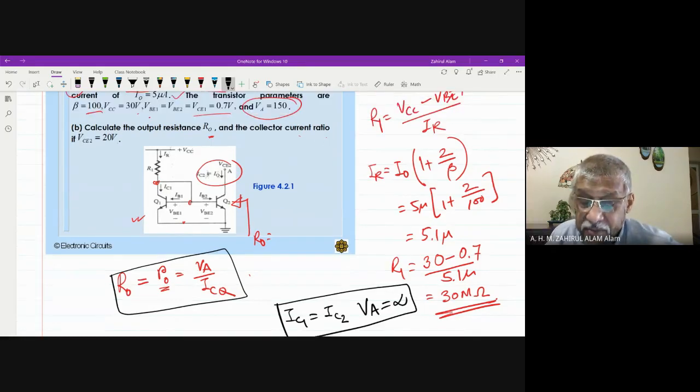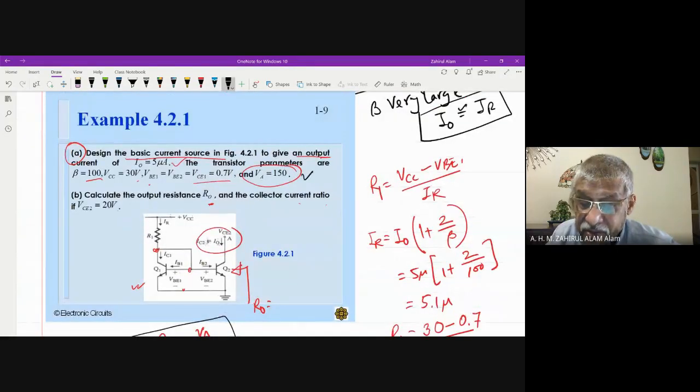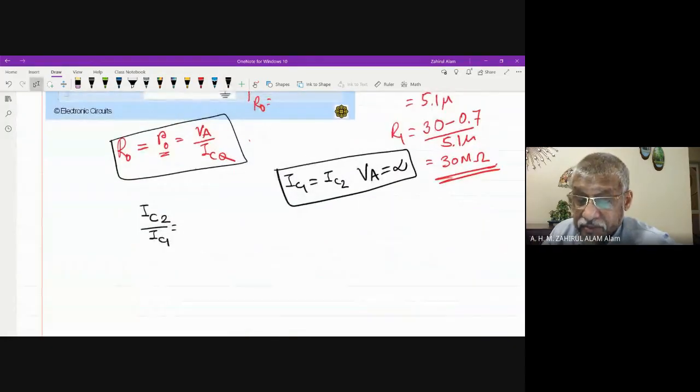But this problem mentioned we need to consider VA equal to 150. If you consider 150, then what is the ratio of these two currents?